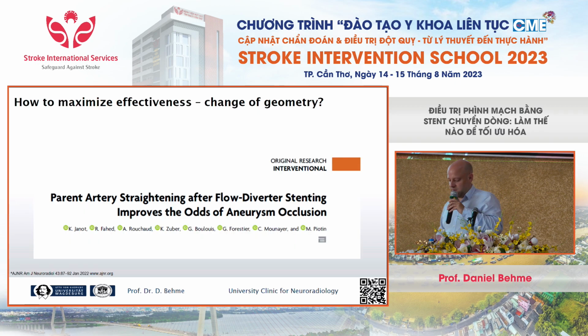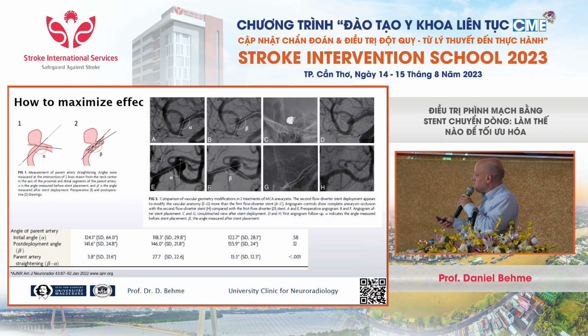And just to give you an idea, because I found it quite interesting myself, the group of Chabel Monayer from Limoges in France investigated failed versus totally occluded aneurysms after flow diverter treatment. What they found is that those aneurysms with more effective straightening of the vessel, as you see in the lower rows of images, where you see from F to H that the angle gets straighter, are always totally occluded.